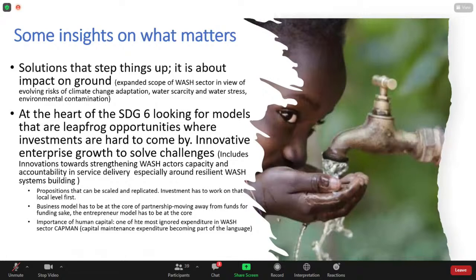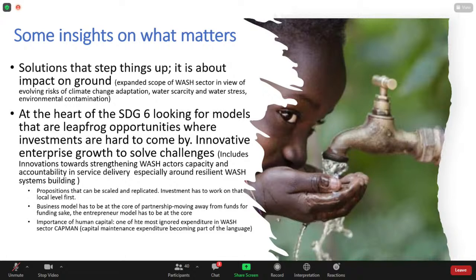So these are some of the insights that we have through the work that we've done as Oxfam on what matters. Again, this is related to innovations, but also to some of the programs that different agencies are undertaking, or even some of the priorities that development partners have in terms of the kind of options that they would want to support or finance.